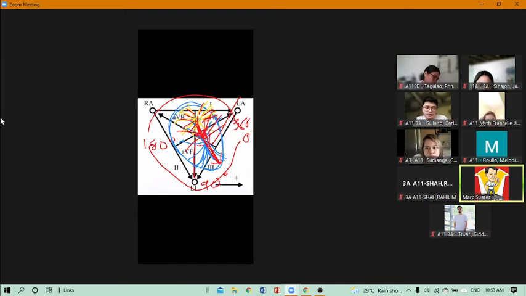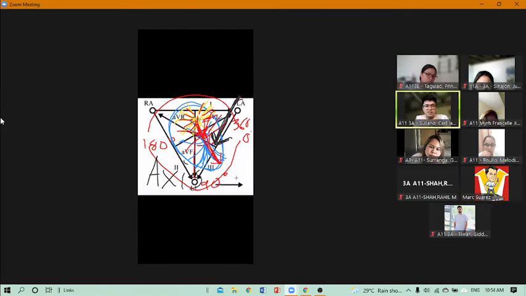The purpose of the ECG is to measure this one. So we call this the axis, okay?